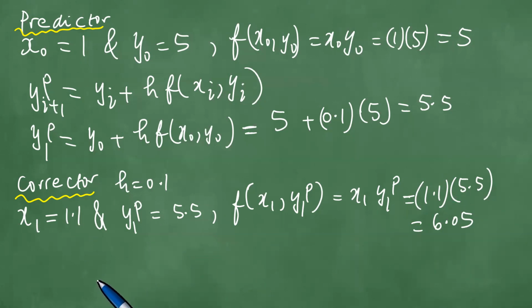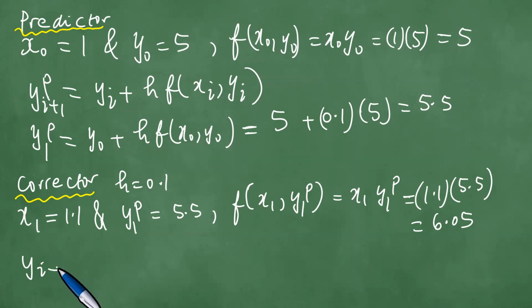And then we are now having the next thing, which is the corrector, because we did the predictor here. Here we're doing the corrector, so we can do the corrector now. What is the corrector?